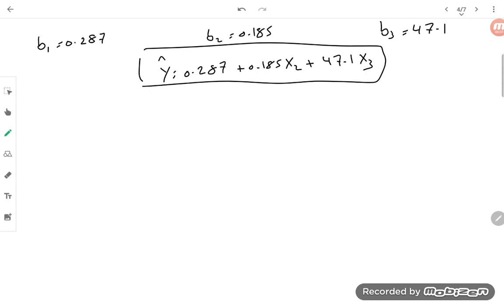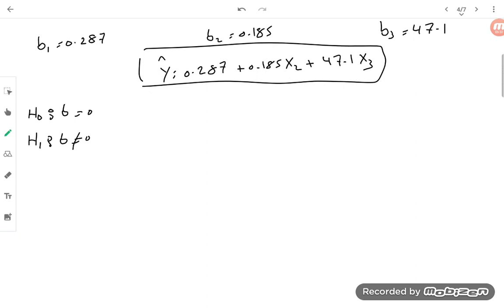With respect to requirement number 2, which is testing the significance of the parameters: H0 means that b equals 0, and H1 means b not equal to 0.